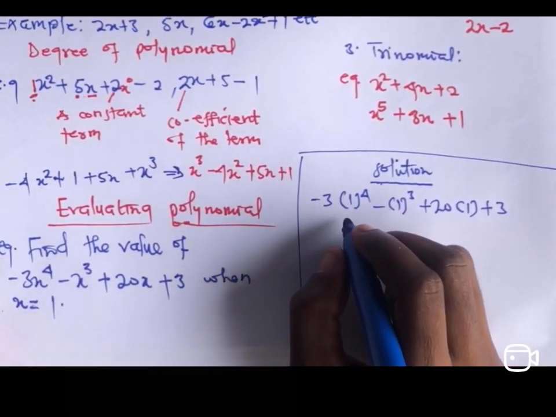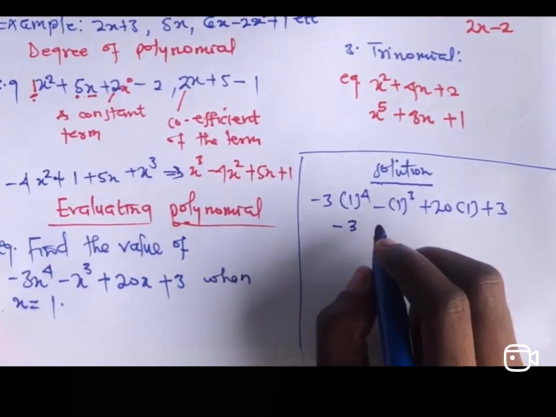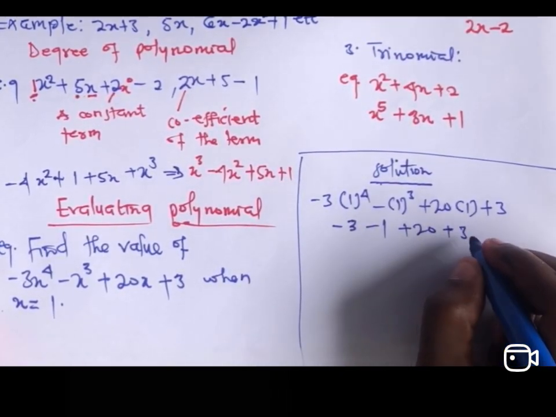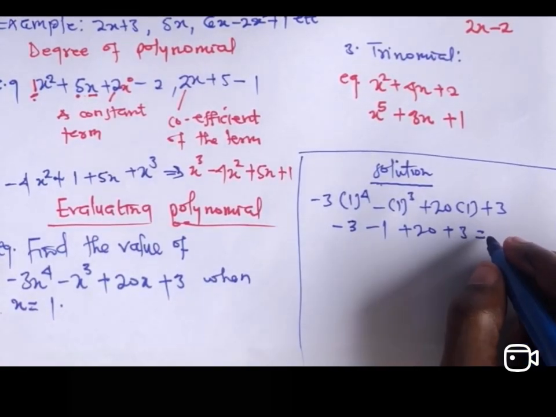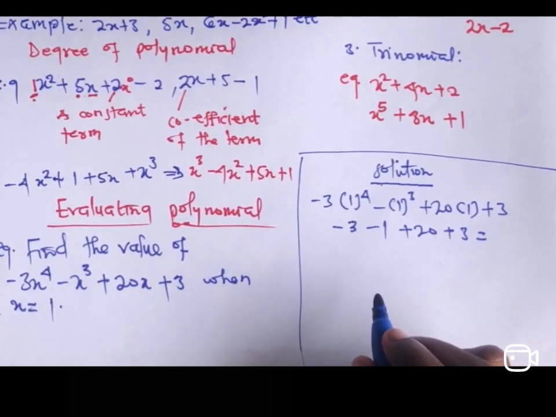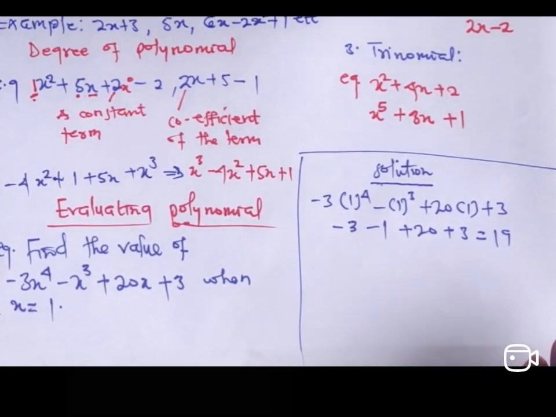When you do this, 1 to the power 4 will give you the same 1. So it will be 3 times 1, which is 3, minus 1 plus 20 plus 3. And this will give you negative 3 minus 1, that's negative 4, plus 3, negative 1, that gives you positive 19. All right.